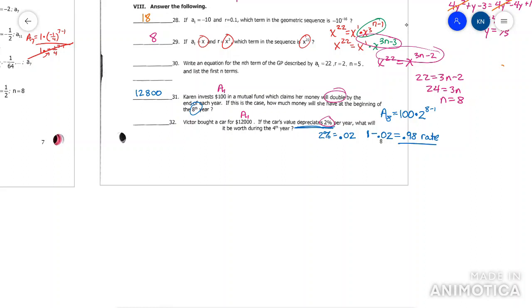So your equation is going to look like, they want the fourth year, your start amount times your rate to the n-1. And so you just punch that in the calculator, you'll get 11,294.30. And these are dollars.